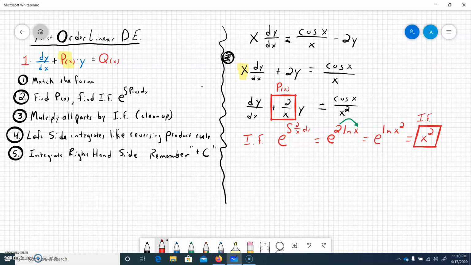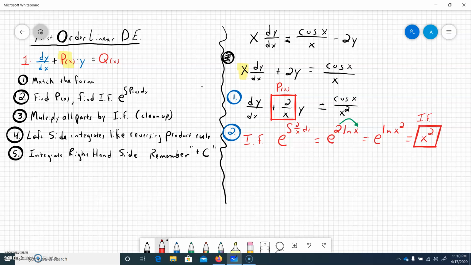So kind of backing up here, we made it match here, and then we identified our p of x, and we found the integrating factor. Now we're going to multiply both sides by that integrating factor. So let's see here.